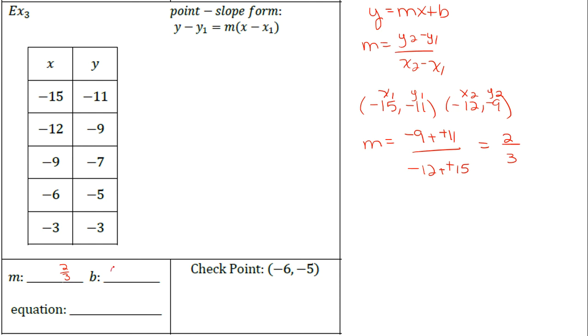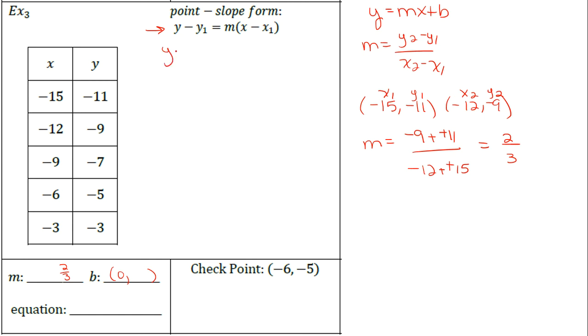Now, notice this time in our table, we have not been given where x is 0. So we have to use point-slope. So I'm going to use any point to plug in for x1 and y1, and then we'll plug in our 2 over 3 for our slope. So I'm just going to pick this first ordered pair here.